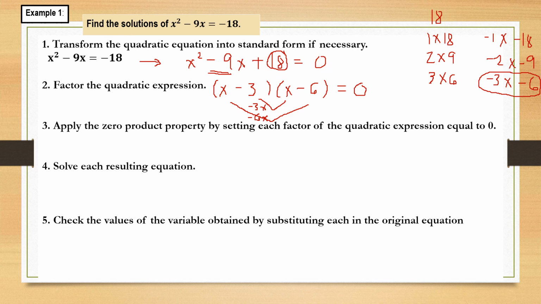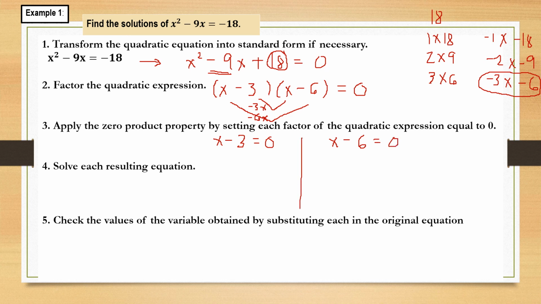Step 3. Apply the zero product property by setting each factor of the quadratic expression equal to 0. So the first factor is x minus 3, so we have x minus 3 is equal to 0. The second factor is x minus 6, so we have x minus 6 is equal to 0.